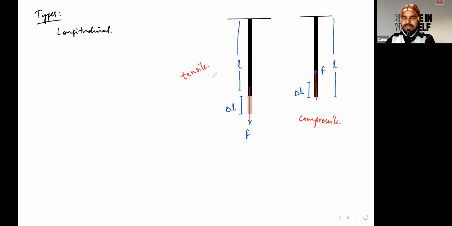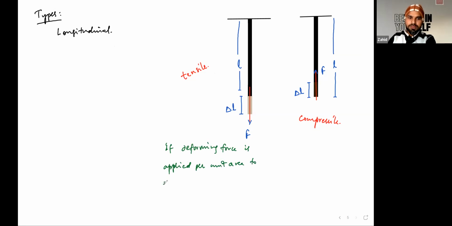So first, for tensile stress, we'll say if a deforming force is applied per unit area to elongate it, that is called tensile stress.